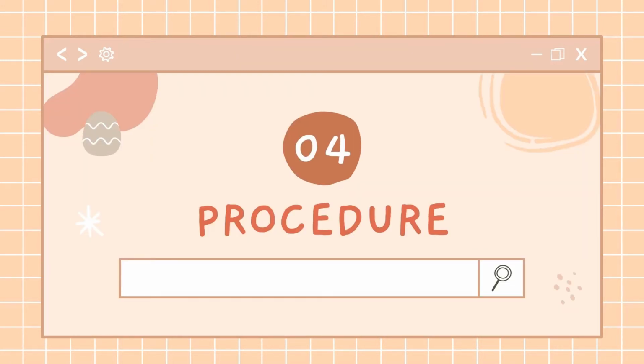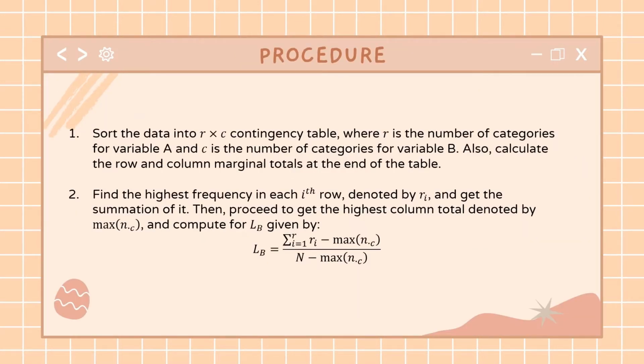For the procedure, first, we sort the data into R by C contingency table, where R is the number of categories for variable A and C is the number of categories for variable B. Also, calculate the row and column marginal totals at the end of the table. 2. Find the highest frequency in each ith row, denoted by R sub i, and get the summation of it.